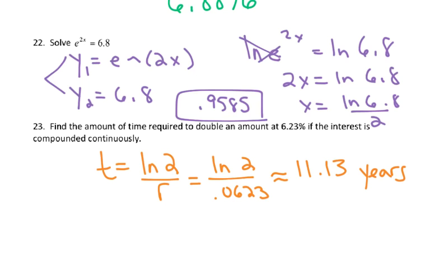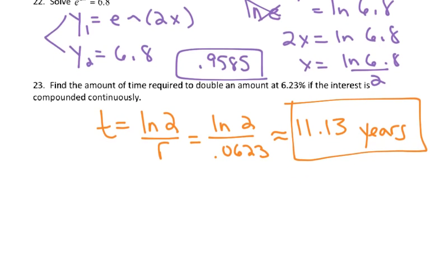However, even if we give you this and you can't remember that's the formula for this particular situation, one of the other things you can do is, since it does say continuously, you can use this equation. I didn't tell you how much you're investing, so pretend like you invest $1, so when you double it, you'll have $2.